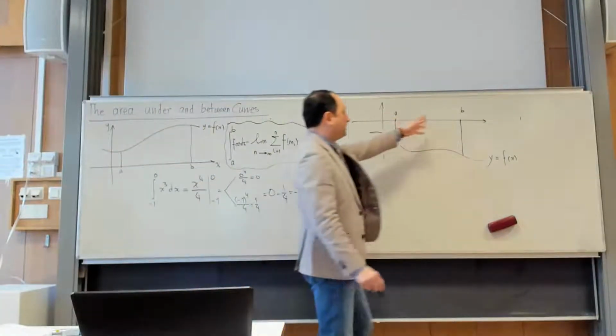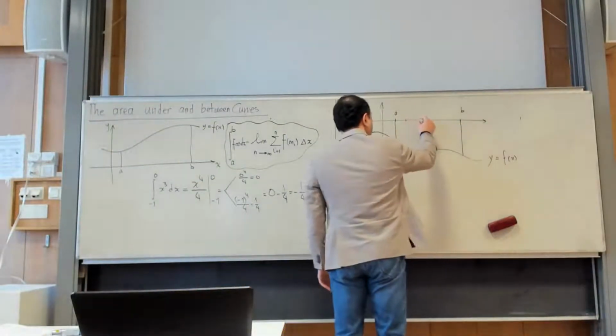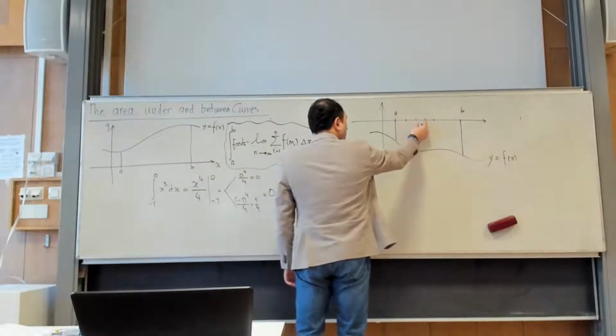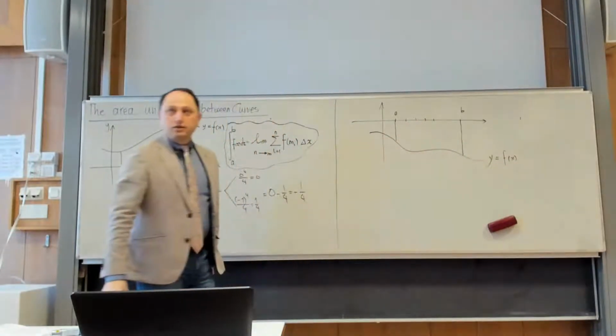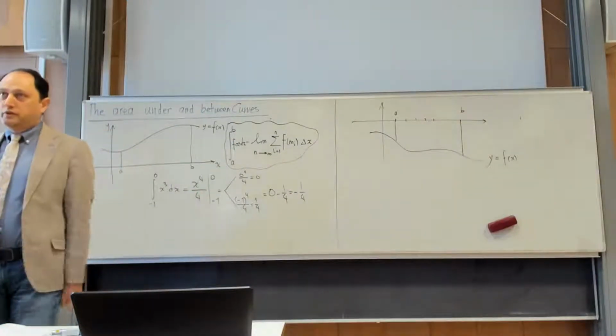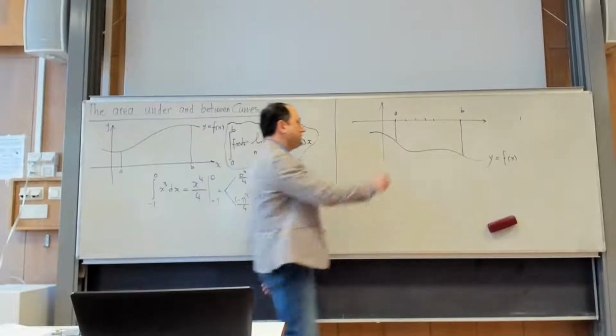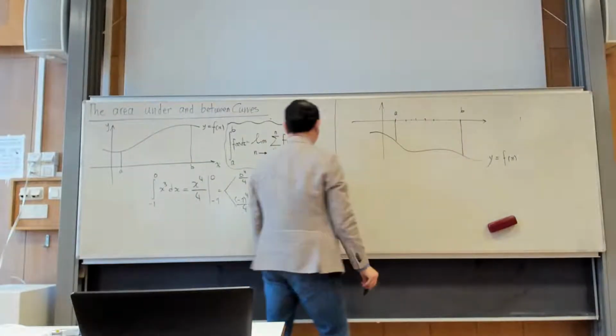I will start chopping this interval into small pieces. Yes, and delta x is the length of each one of them. Definitely delta x is not negative. So delta x is always positive. But what happens for f of the midpoint? m_i was the midpoint of the ith interval, for example.